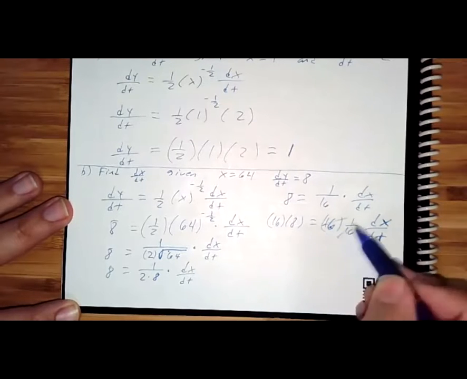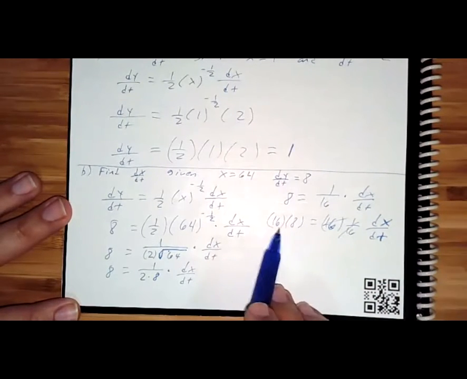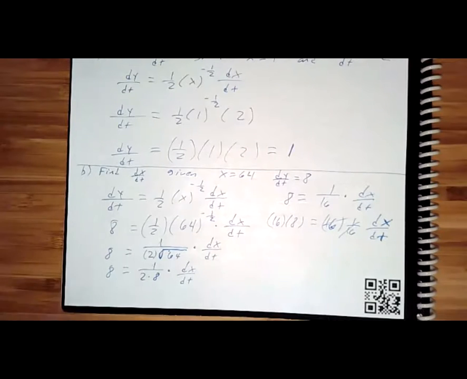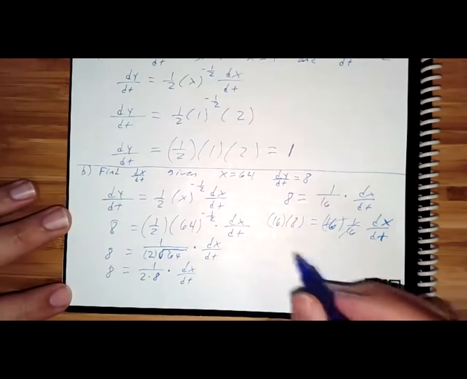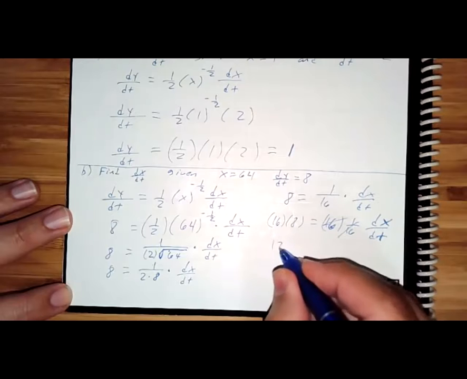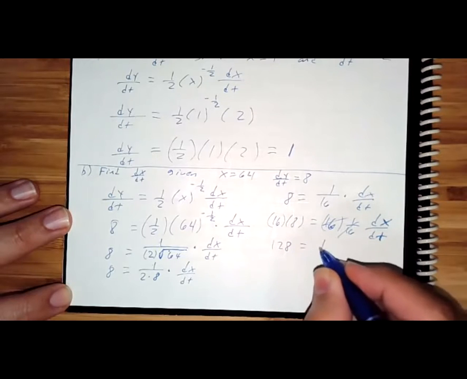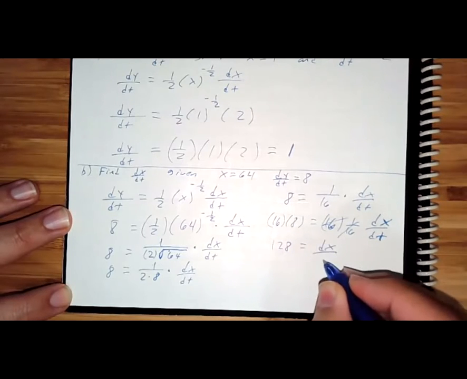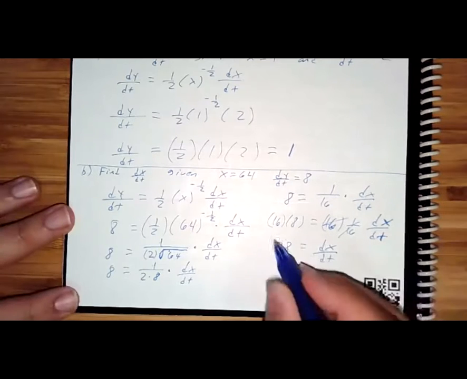So these will cancel, giving you the answer 16 times 8. What is that? 16 times 8. Is that 128? Let me see. Yeah, that's what you got. Okay. This would be your answer.